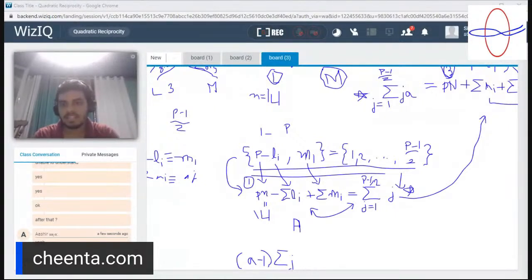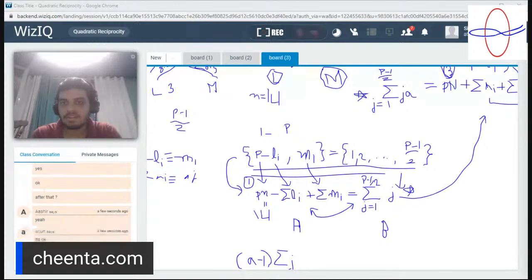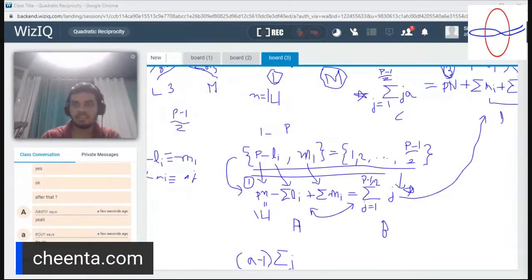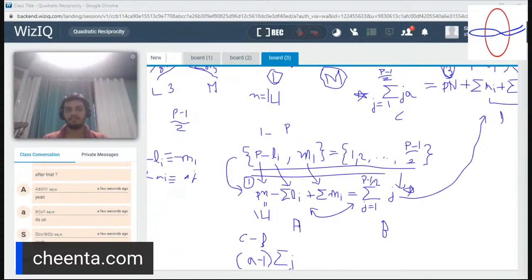The right hand side of this is capital B. The left hand side of this is capital C, and the right hand side is capital D. So in that case, what I have done here is just C minus B is equal to D minus A. Right?